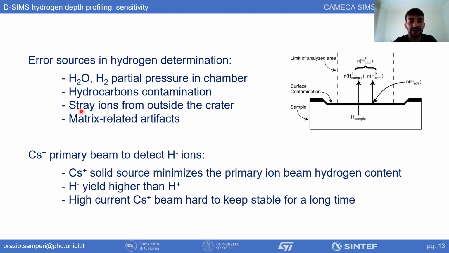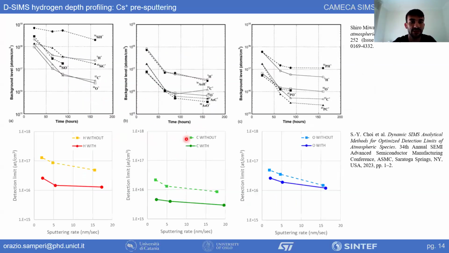To minimize this effect of the background, to reduce the effects of hydrogen contamination, a protocol has recently been proposed that involves the use of the cesium source to reduce the background level.